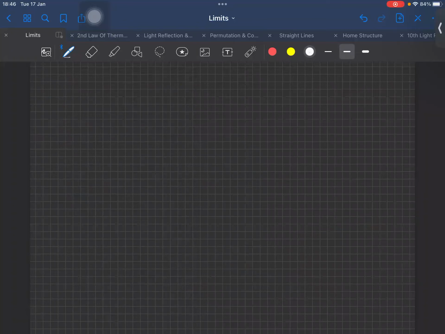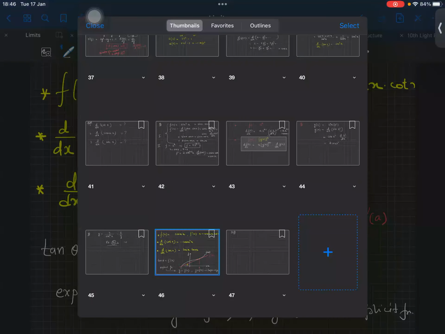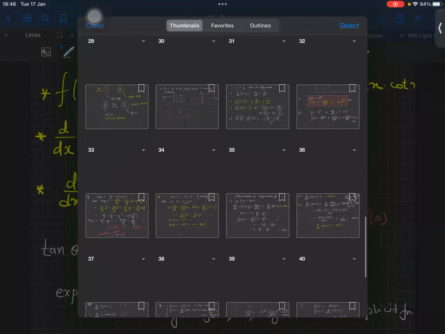But for now, I'll keep writing some derivatives of standard functions, which we are going to use in order to find derivatives of other functions. So let's write down differentiation. That is the geometrical interpretation, by the way. We have also studied that in some class. Let's check.